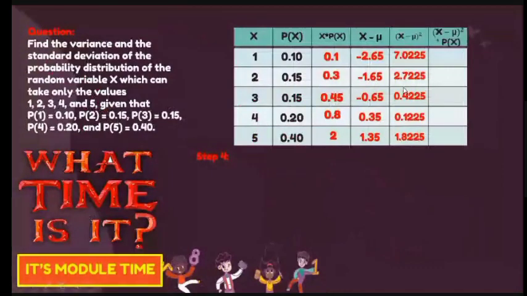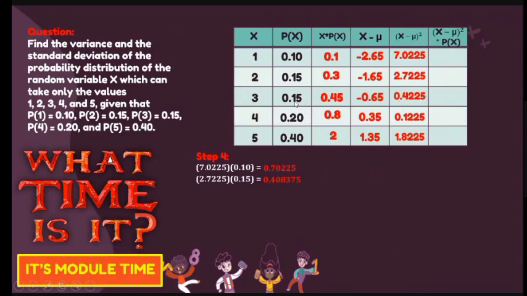Next natin, for step number 4, you have to multiply yung value natin for the second column by our values for the fifth column to get the sixth column. So multiply lang natin to. So itong part na to, yung 7.0225, multiply mo lang siya by 0.10, and then you will arrive with 0.70225. Next natin, itong part na to, multiply nyo siya by 0.15, and then you will have 0.408375.